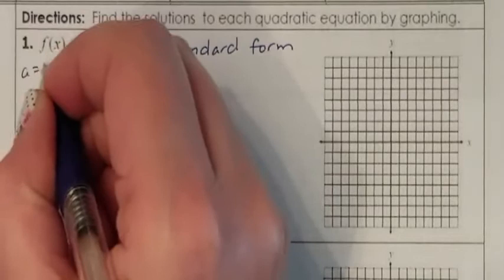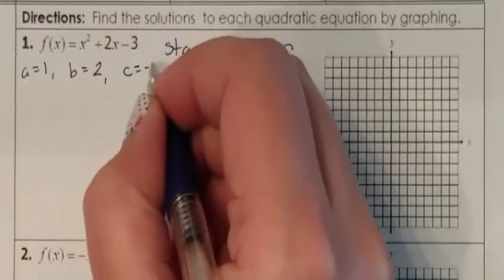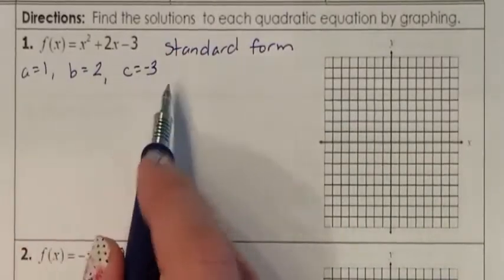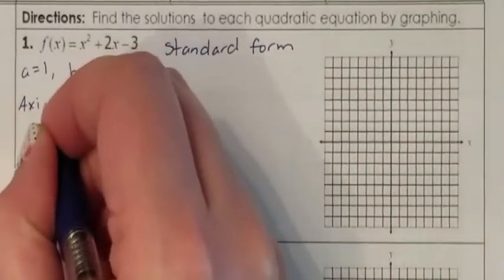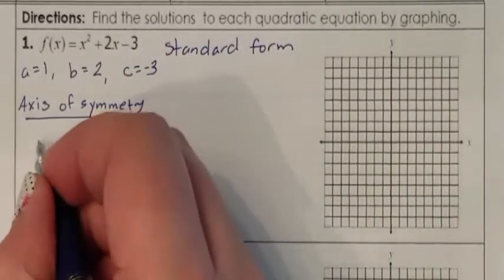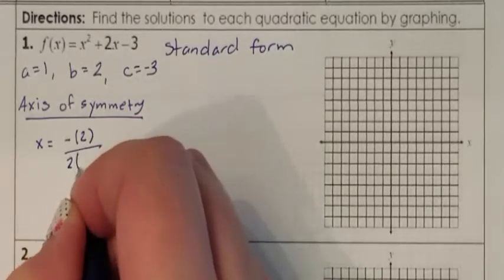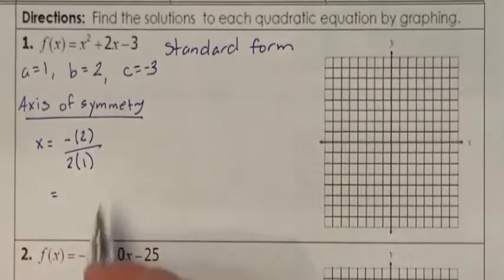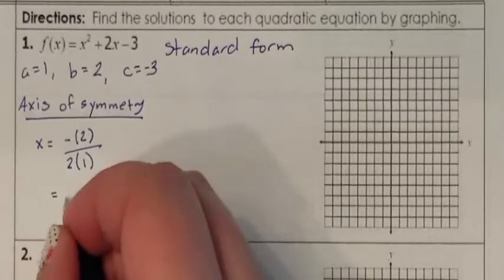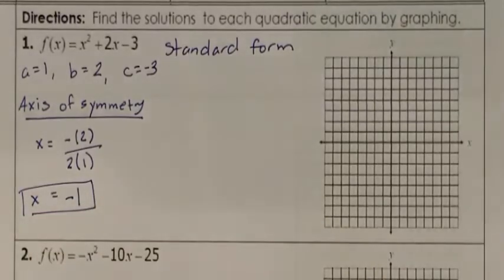First, we had to identify our A, then our B, and then our C. After you have identified your ABCs, we then had to find the axis of symmetry. The equation for the axis of symmetry is the opposite of B all over 2 times A. So negative 2 all over 2 is negative 1. So my axis of symmetry is at x equals negative 1.